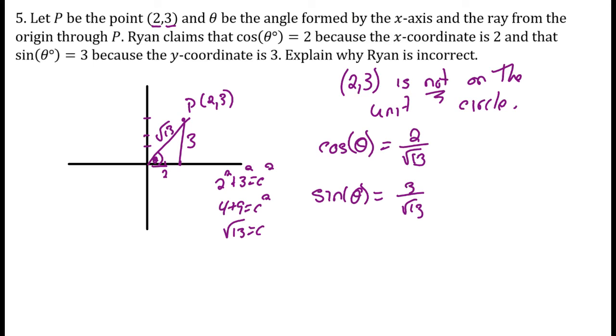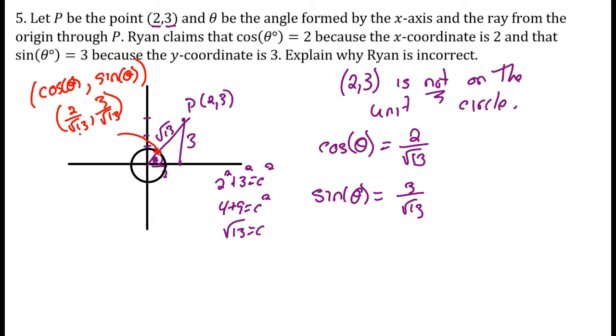If we knew this point was on the unit circle, and we made a little miniature unit circle here, then that red point there would have the coordinates 2 over radical 13 and 3 over radical 13. Because that point is on the unit circle, that's my cosine, that's my sine. Remember, cosine is x, sine is y. So you can only pick out the x and y values when you know you're on the unit circle.